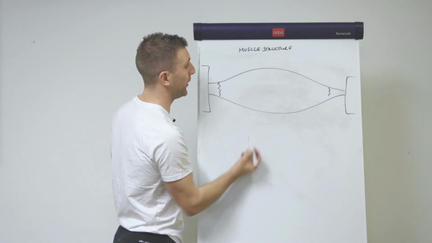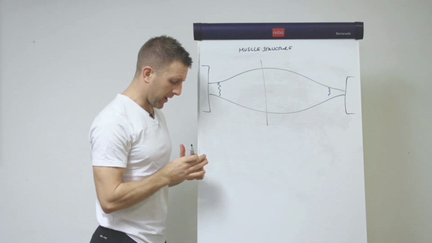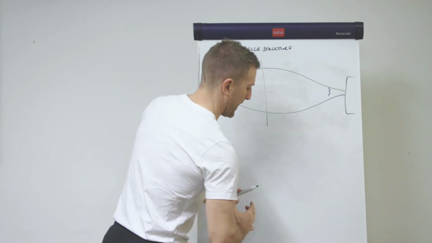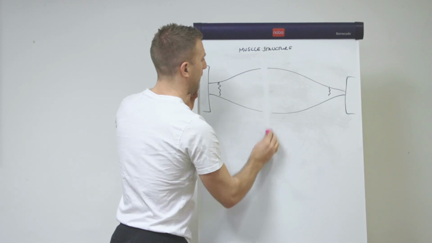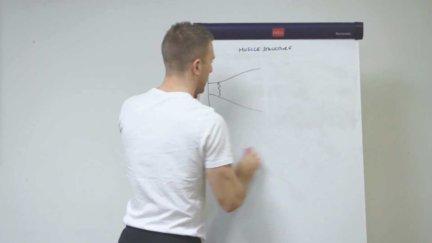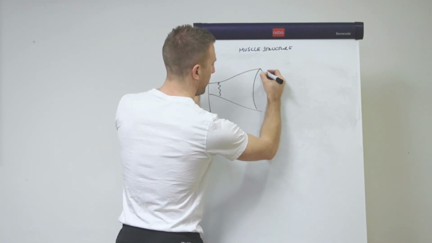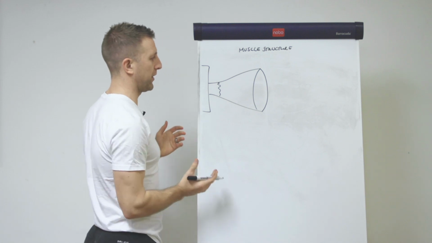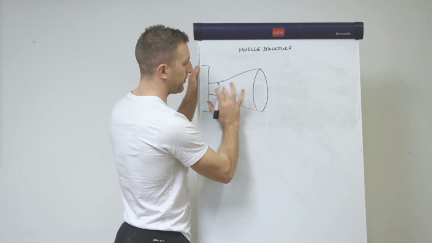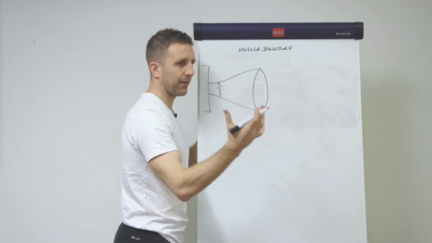What we're going to do though is break that down and cut into that. So if we sliced your muscle in half here, we're going to look at what that looks like now. So let's take this side away. And that would be what your structure ends up looking like. So within this muscle structure, you've got gradiated force.